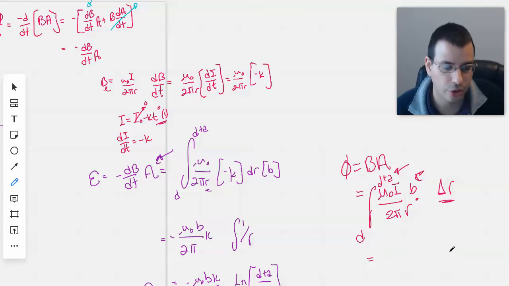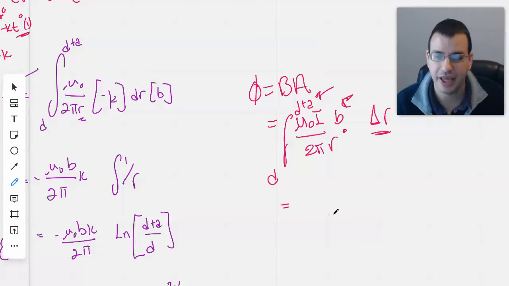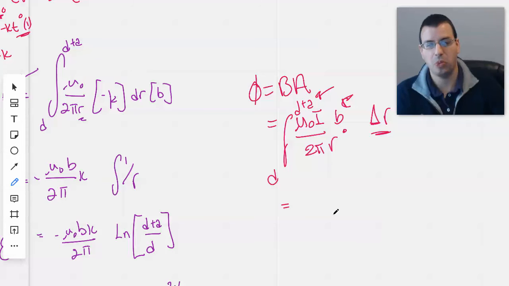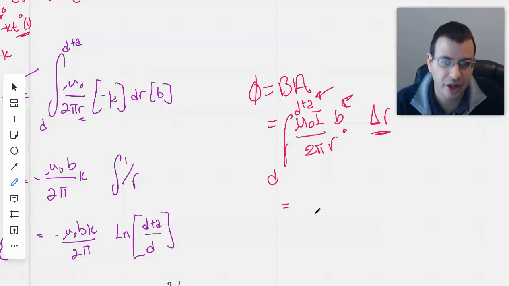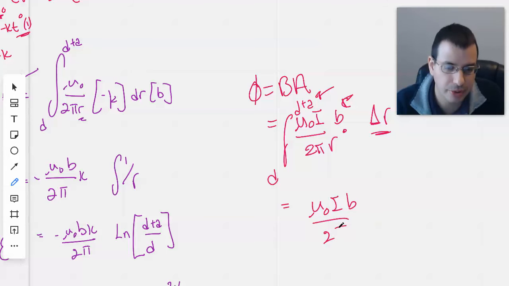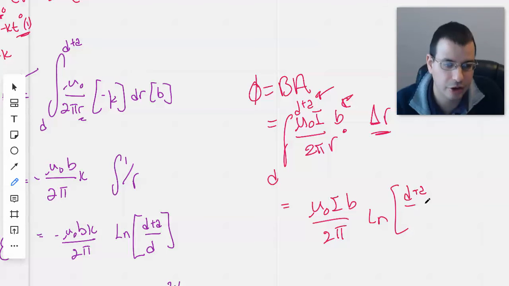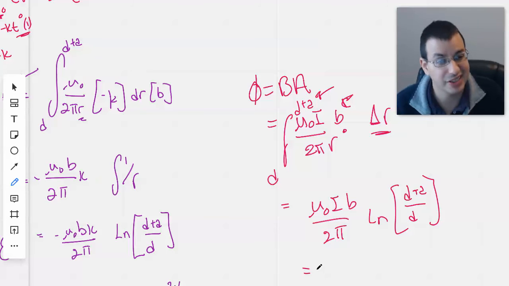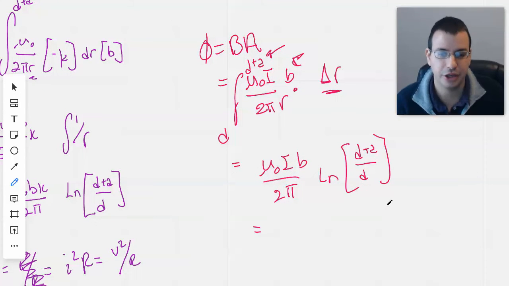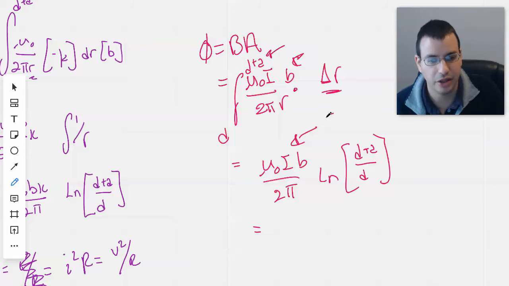And so to give a flux, we decided it was mu naught I B over 2 pi natural log of (D plus A) over D. And then to get it with respect to time, we're going to have to replace that I with I naught minus KT.